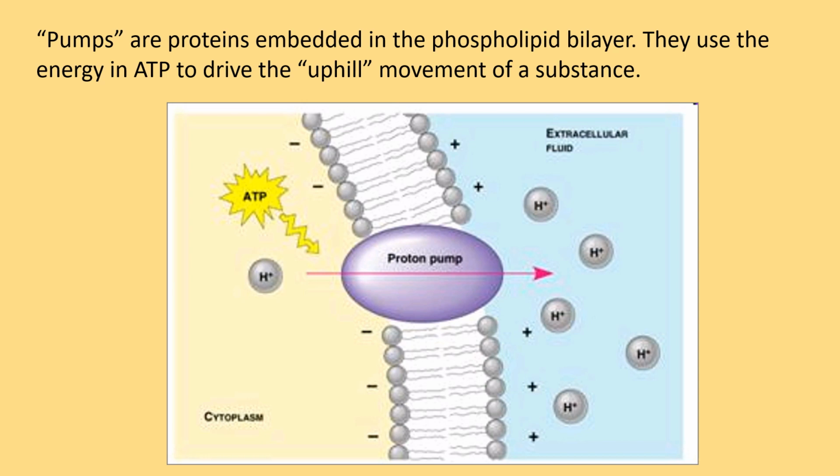Part of this protein molecule acts as an enzyme that cleaves ATP into ADP. And the energy that is released drives a conformational change in the proton pump. This protein changes shape as it picks up a hydrogen ion on one side of the plasma membrane and deposits it on the other side of the plasma membrane in an uphill fashion, meaning from an area of low concentration to an area of high concentration.